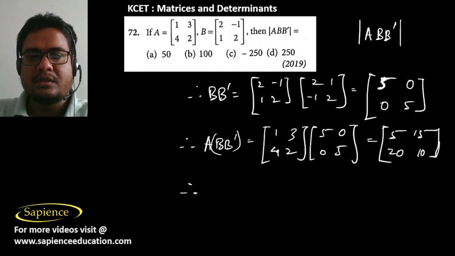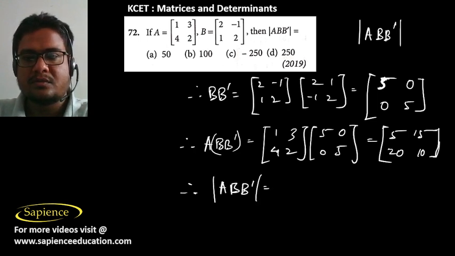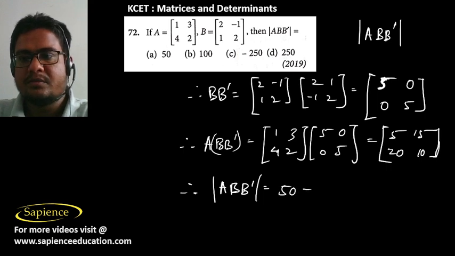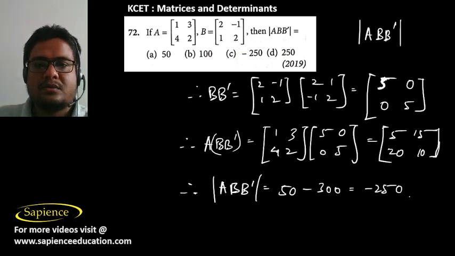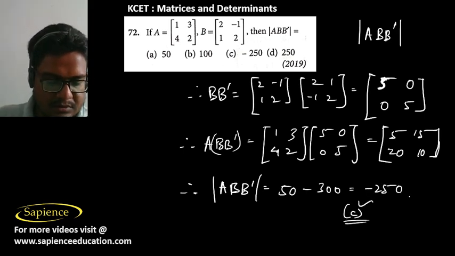Therefore the determinant of AB transpose is 50 minus 300, which is equal to minus 250. Option C is the correct answer.